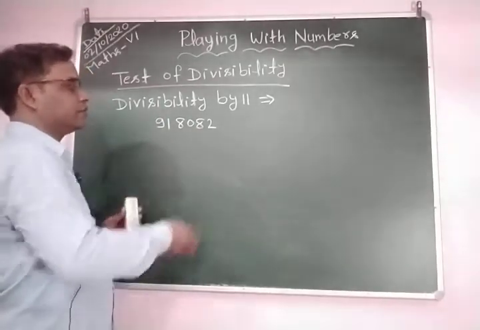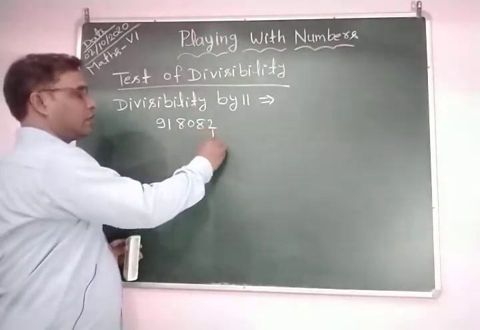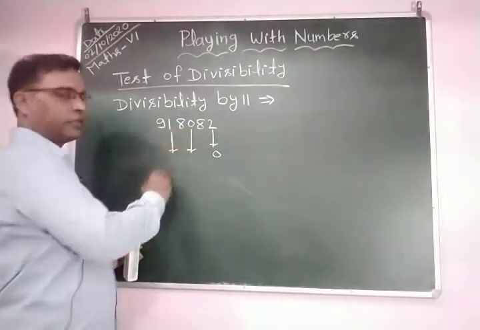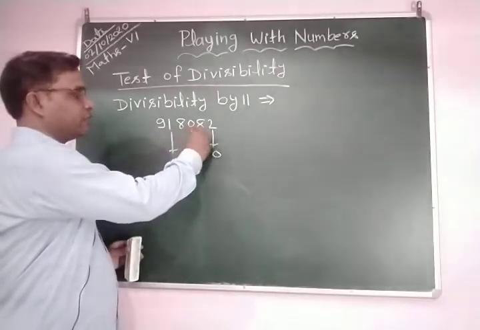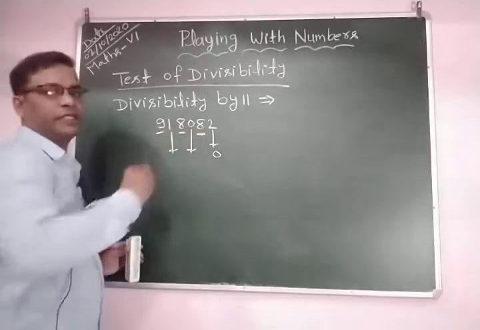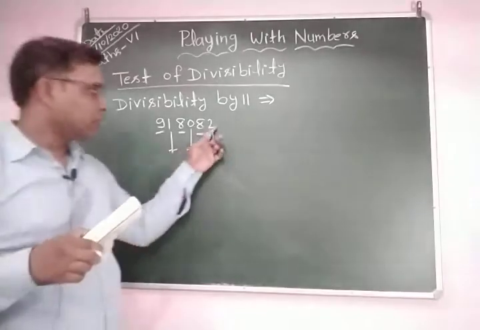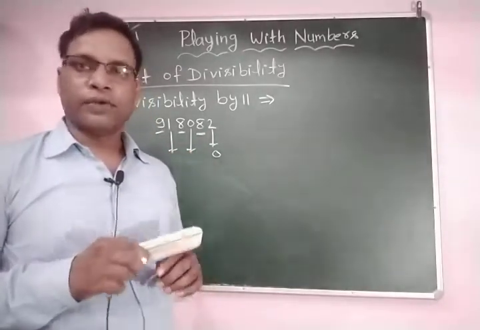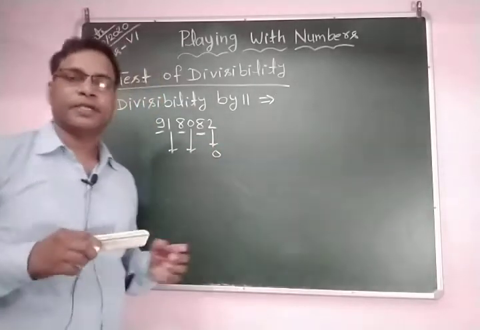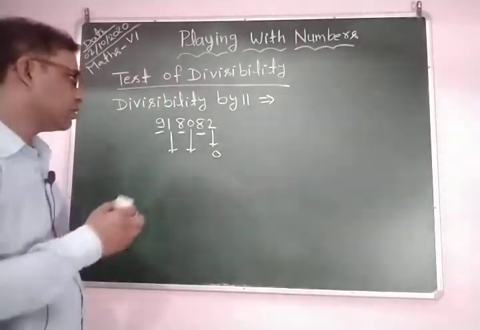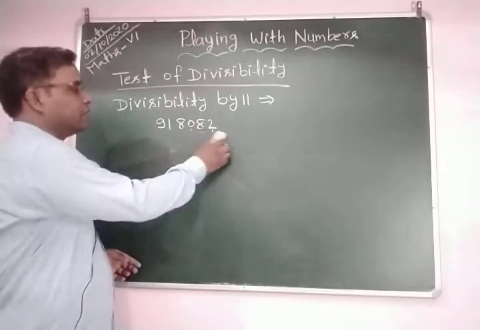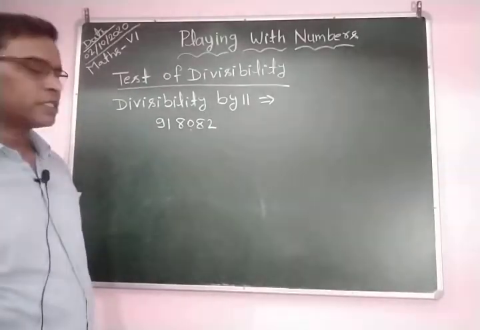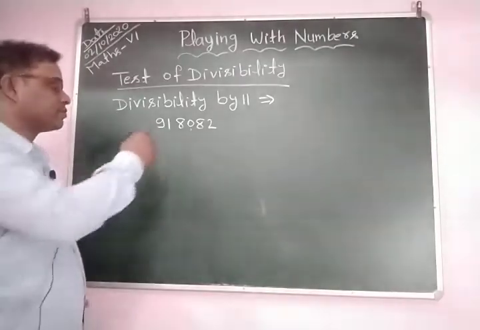This is an odd place digit, and this is an even place digit. So first we find the sum of digits at odd places.